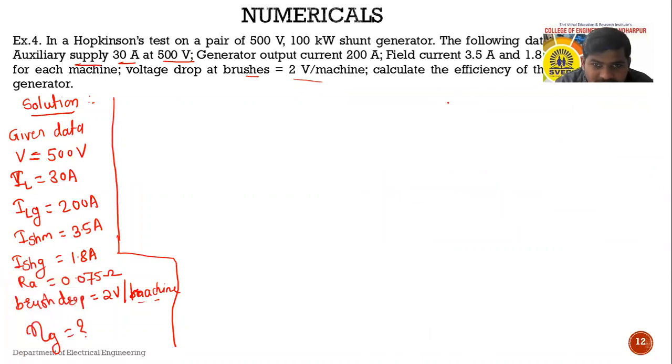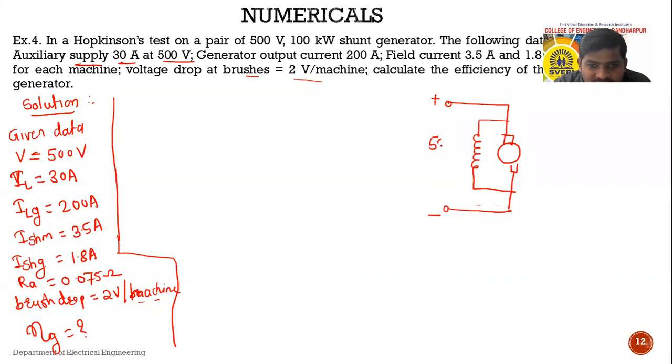I am drawing here the positive. Then from this positive supply, two machines are coupled mechanically to each other. The first machine will act as a motor. The second machine will act as a generator. This will be the field winding. Again, this is the negative supply. So 500 volt is the supply given to the set of machines.